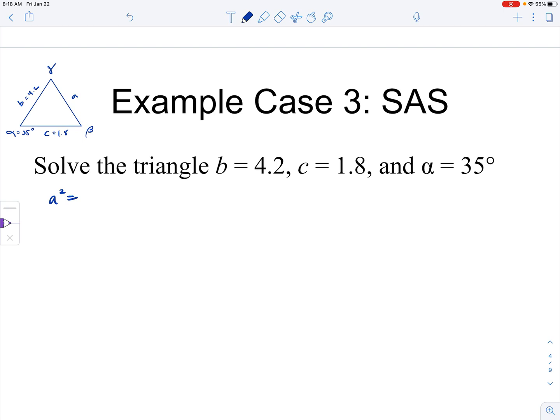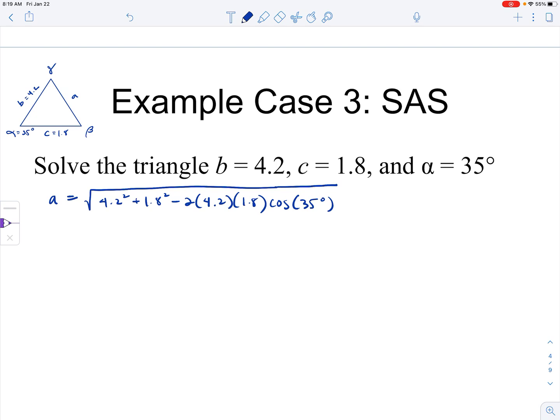And law of cosines, remember, is A squared equals, and I know it's going to be cosine of 35 degrees on the right-hand side. Now, since it's A squared and we are solving for A, I'm just going to go straight to writing this as A equals the square root of B squared plus C squared minus 2 times B times C times cosine of 35 degrees.